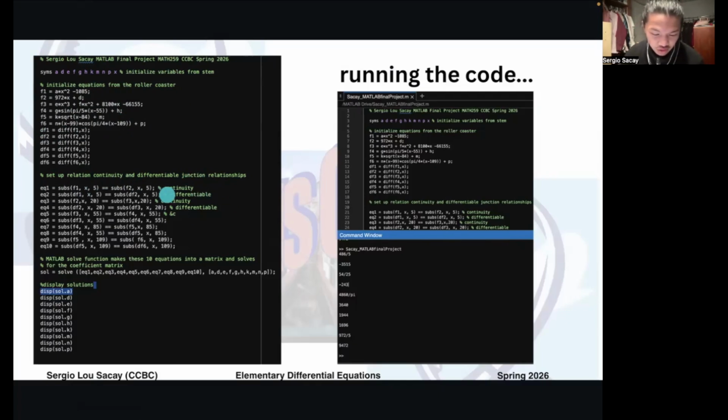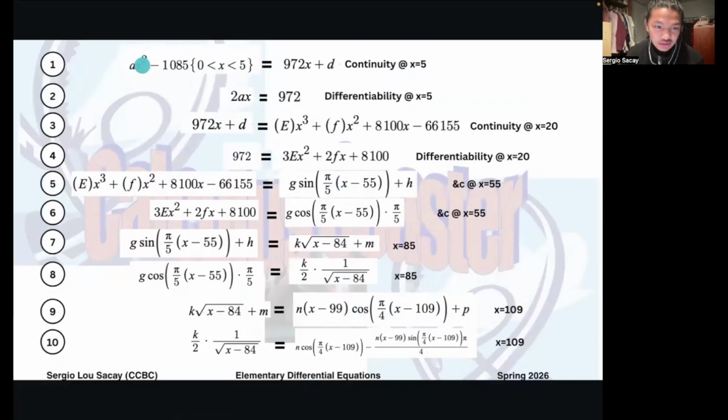At junction 1, this is the continuity equation: the function call subs f1 x5 equals subs f2 x5, which is essentially this equation right here.